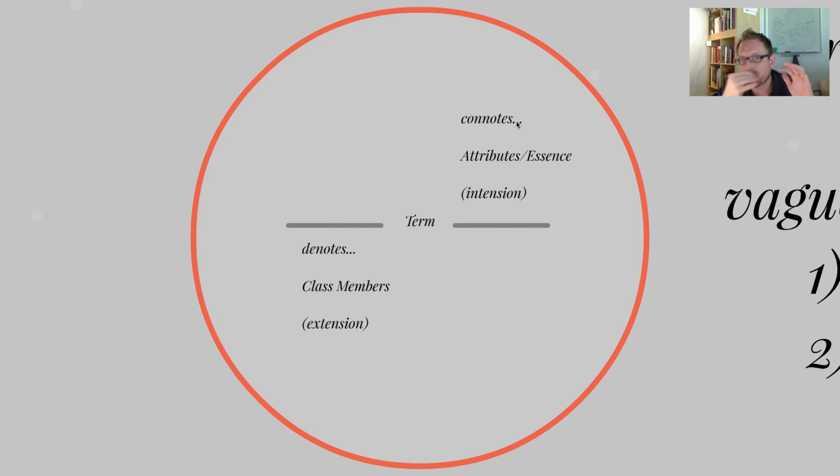Now let's start off with the connotation. The connotation refers to the attributes, the essence, essentially the dictionary definition of the term, right? This is also known as the intention of the term. So for instance, if I have the word cup, I could say that a cup is anything that can hold liquid out of which one can drink. It's sort of my definition on the fly of what a cup is.